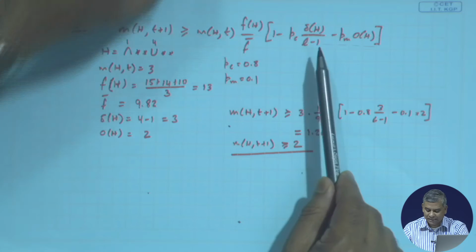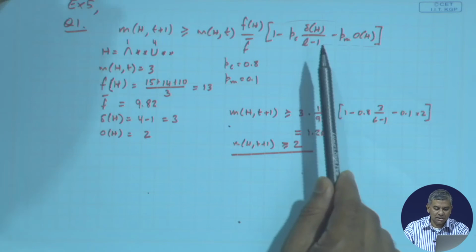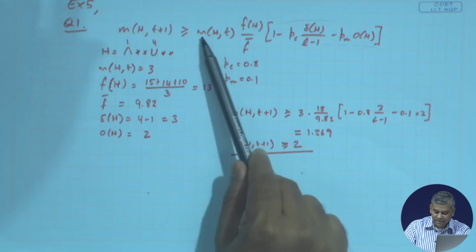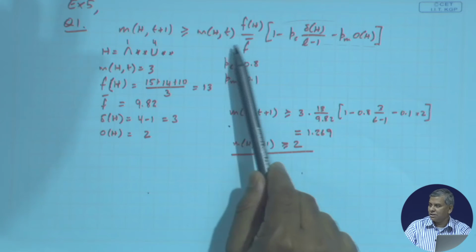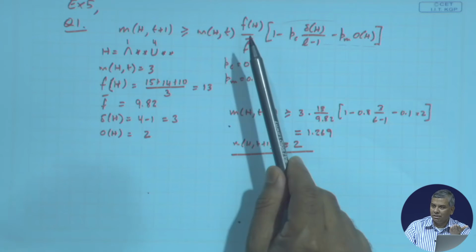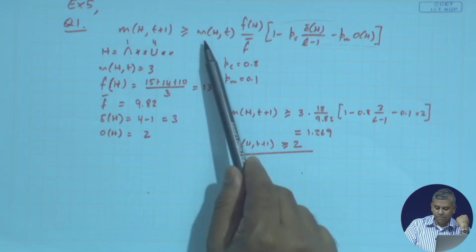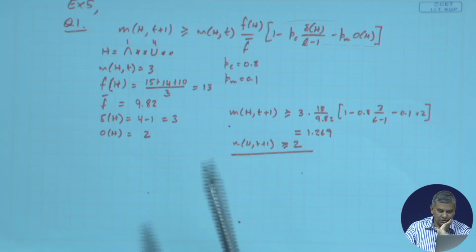So this will be exactly the same for both these schemata of the same order. The only way it will differ is m(H,t) and f(H). The product with f bar also doesn't depend on the schema. So whichever has the bigger product is going to have more copies in the next generation. All you have to do is compute m(H,t) times f(H) for each of them. So do that and let me know.